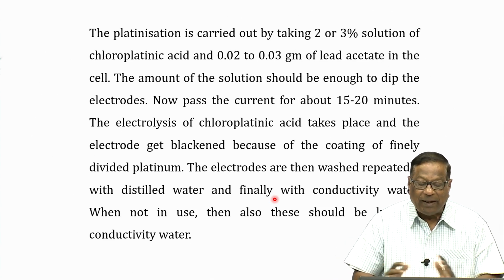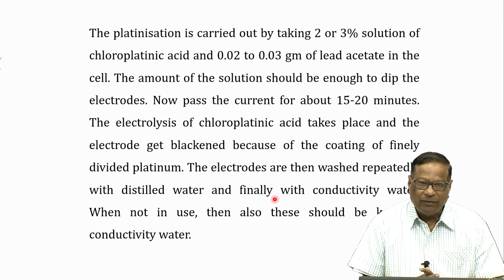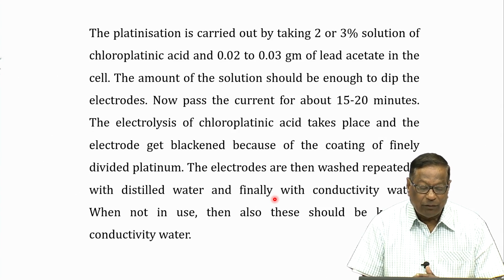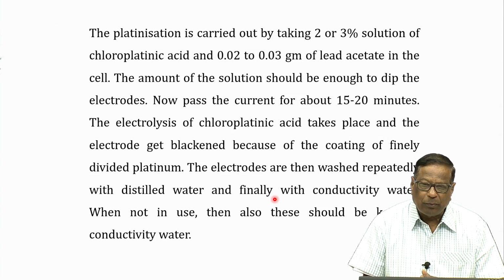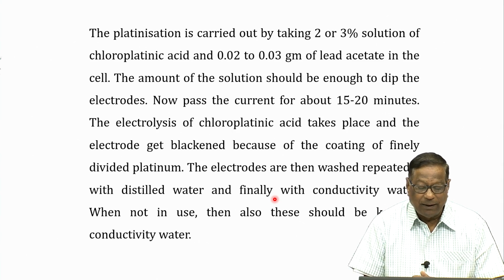So, platinization, how do I do that job? That process is known as platinization, and platinization is carried out by taking 2 or 3% of the solution of chloroplatinic acid and 0.02 to 0.03 gram, that is approximately 30 milligram of lead acetate in the cell.